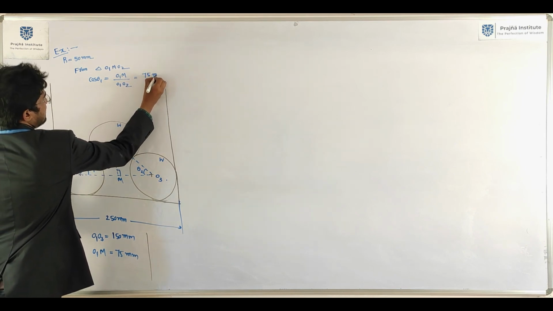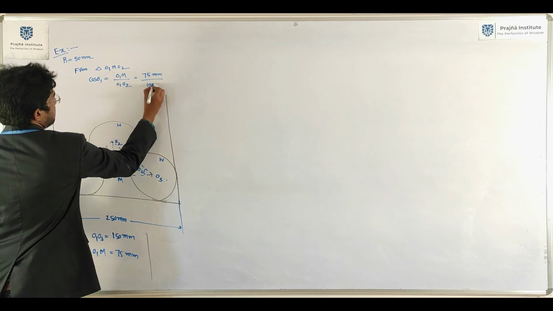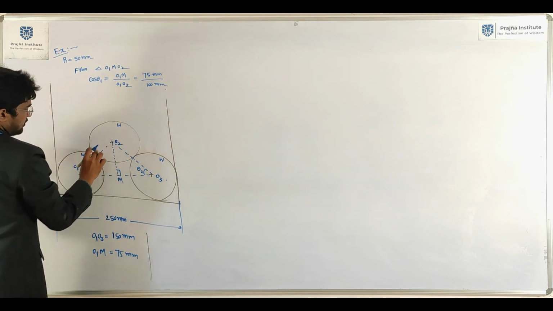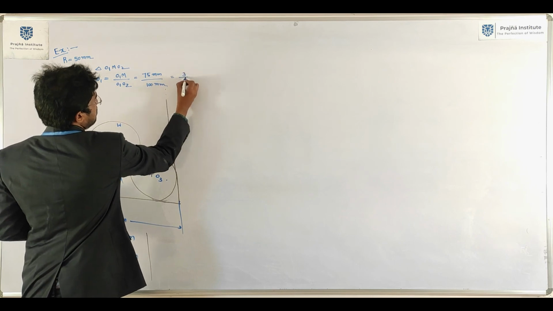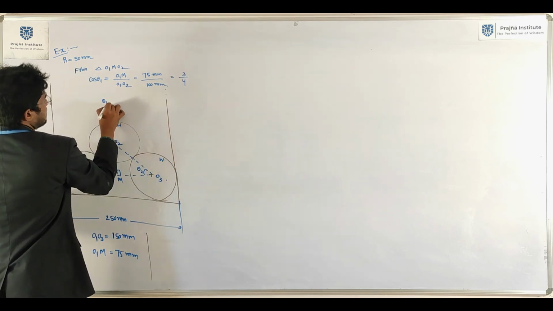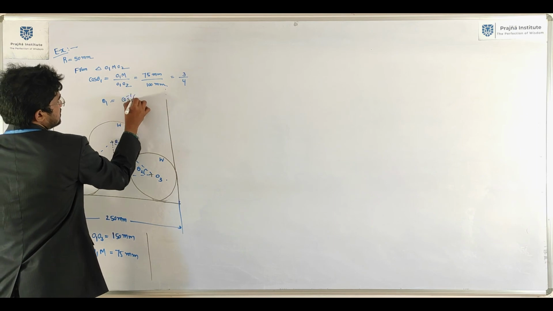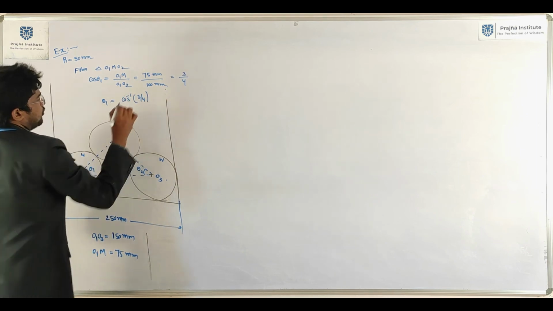It will be 75 mm by 100 mm. Correct? 50 plus 50. That means 25 times 3, 25 times 4. Theta 1 is equal to cos inverse of 3 by 4.